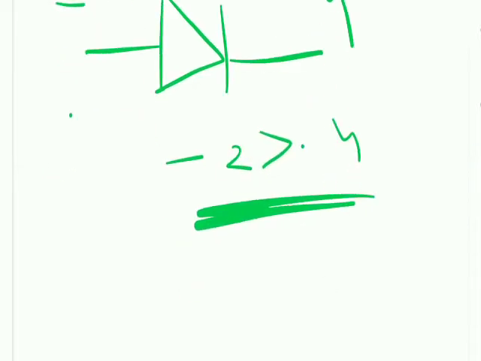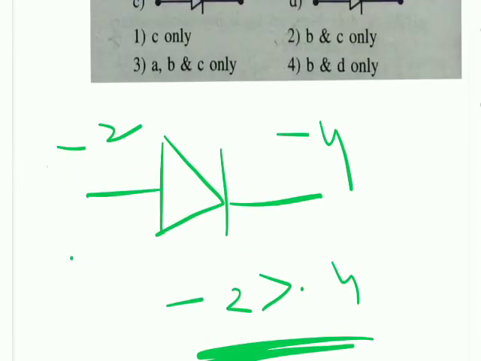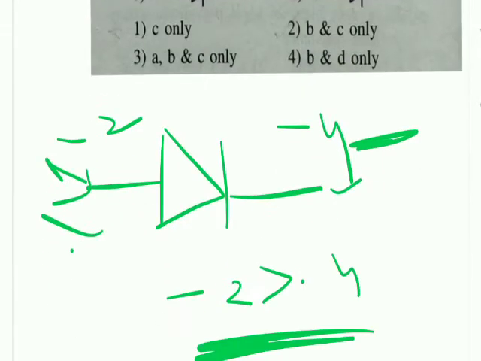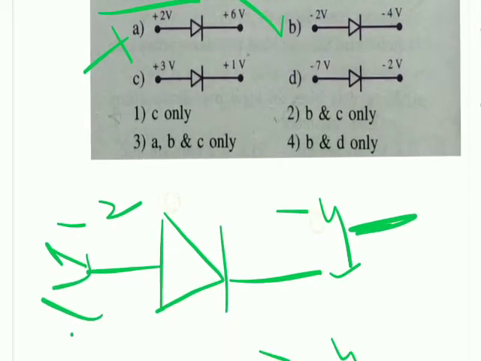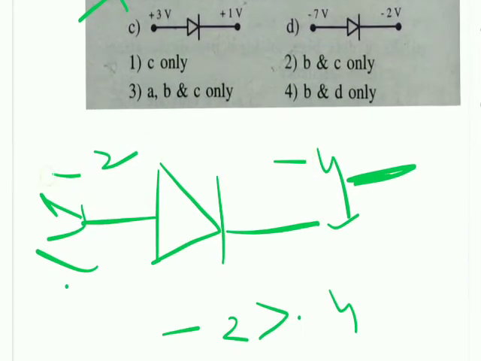So here high potential -2 is connecting to the positive side of the diode, and low potential is connecting to the negative side of the diode, so this is forward bias. B is correct, and go through option C.